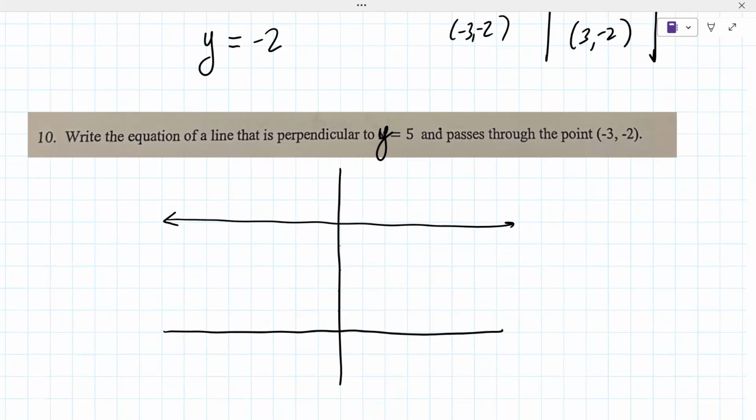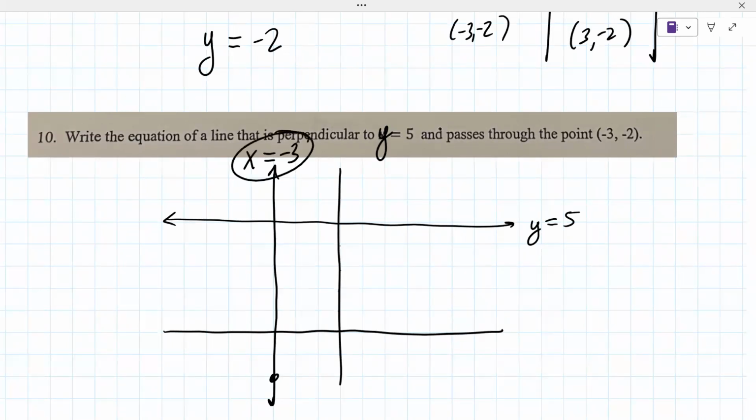This is the line y equals 5. Because you get one or the other on a test. -3, -2. So there's the perpendicular line. And the answer is x equals -3. X is always -3 on that line. So just something to think about there.